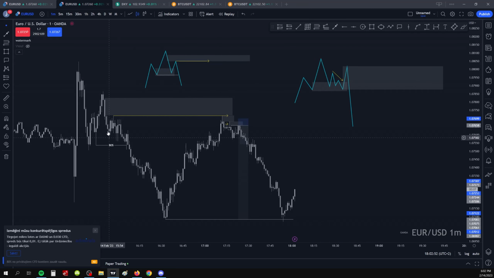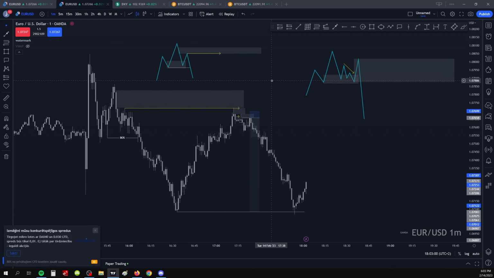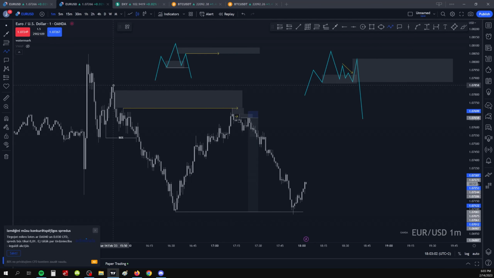In here, there was one move and the second move, one move, second move, and just going down. 1, 2, 3. The rule of thirds. This is the liquidity point. This is the inducement.